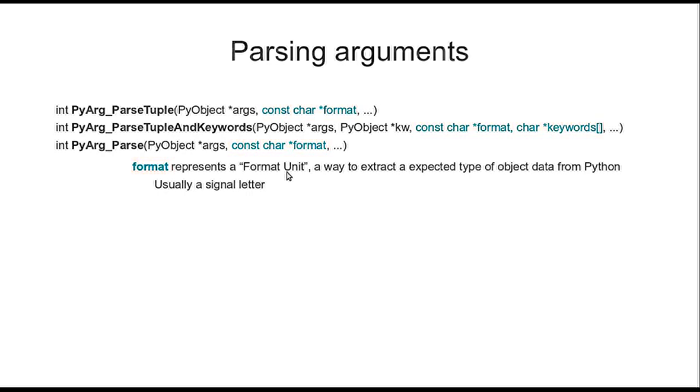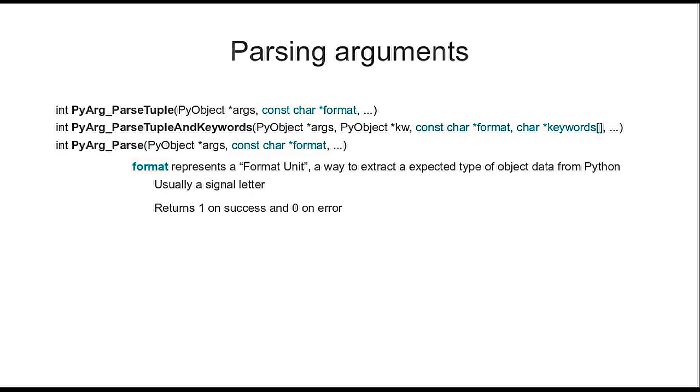Usually this formatting is a single character, where s indicates you want a string, b represents an unsigned character, h is a short integer, i is a regular integer, l is for long, d is for double, and then the capital O is that you expect to get a Python object.